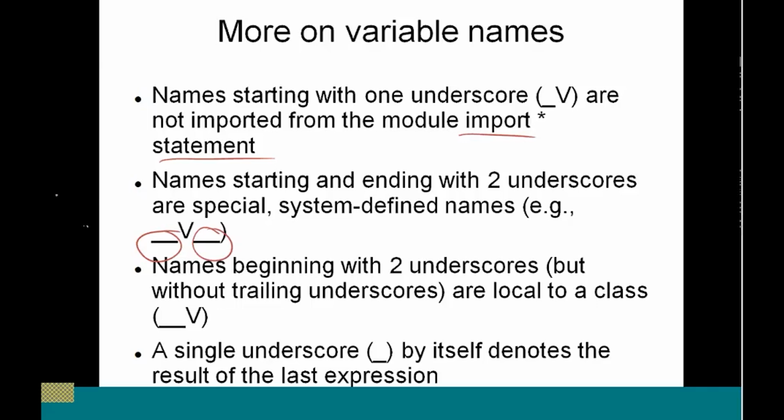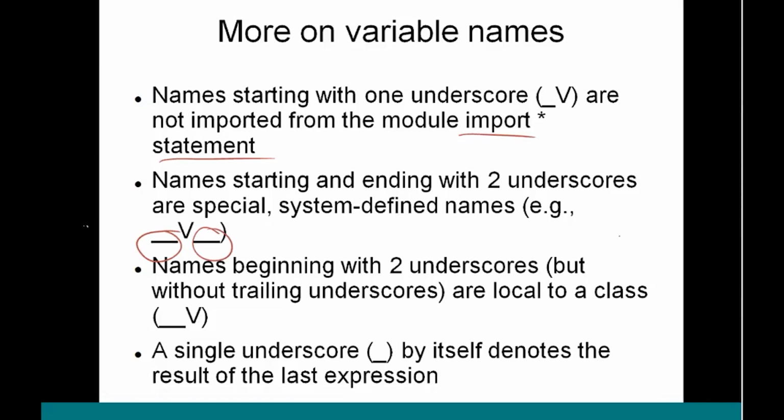The names beginning with two underscores, but without any trailing underscore, are local to a class. So when you define a class, the variables within the class follow this convention, which is two underscores followed by a name.